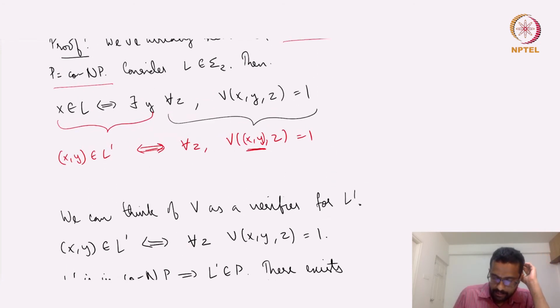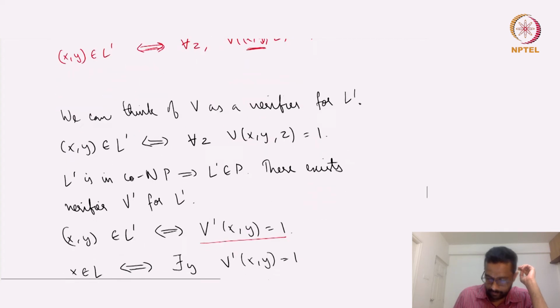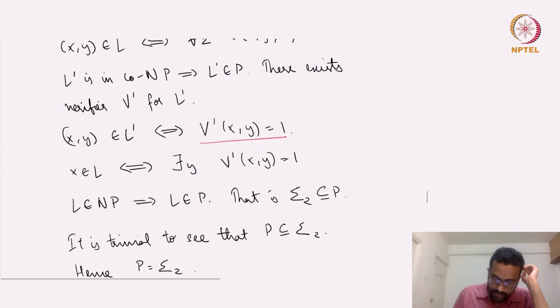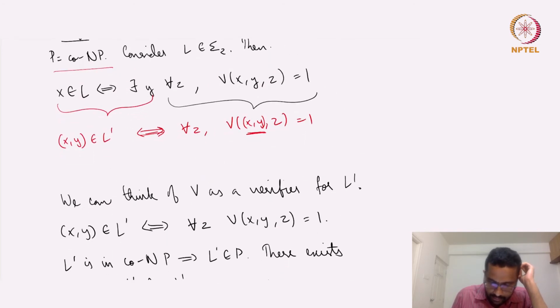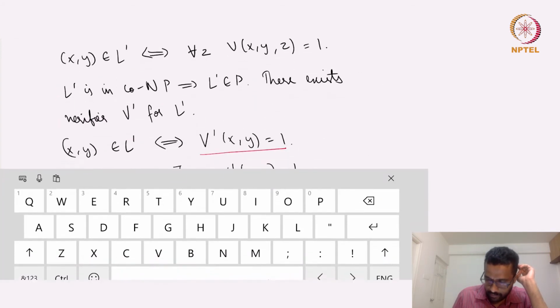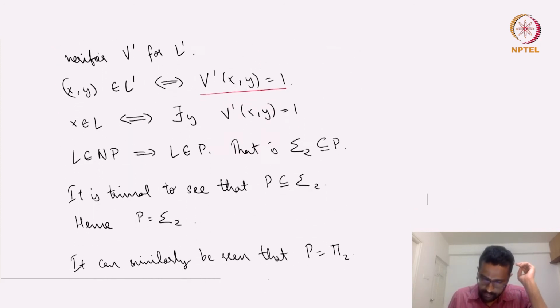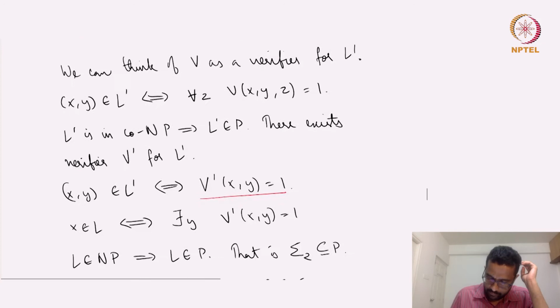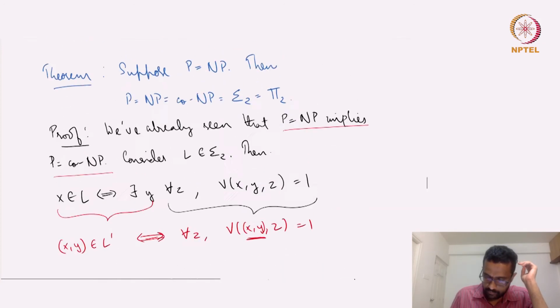So now let us try to plug things back. xy is in L prime if this is the case. Now I can write it as x is in L if and only if there exists y such that, right, now instead of this thing I can just have a single check.